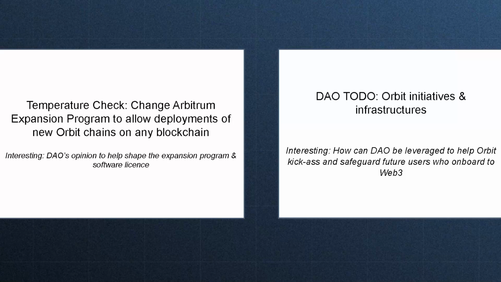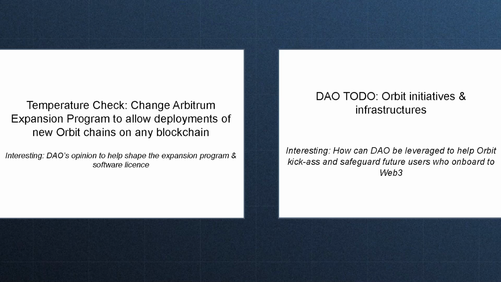They asked the DAO, should we expand the license so you can deploy your Orbit tech stack on any blockchain? So it could be launched on Bitcoin, could be launched on any EVM chain, or it can be launched on Solana if you want, whatever floats your boat. So it's really up to the DAO to decide if they want to allow that, or still constrain it to just EVM chains. And hopefully there'll be a snapshot vote very soon to decide if that license should expand.